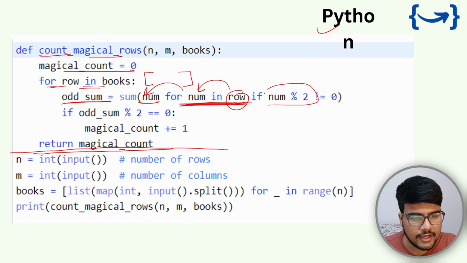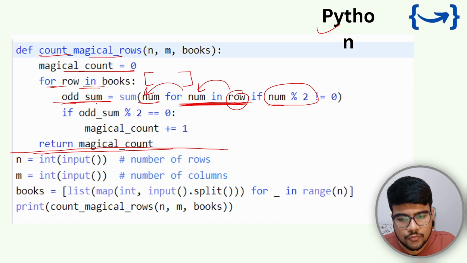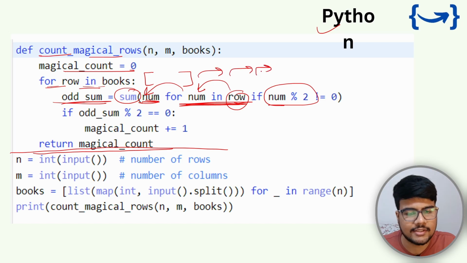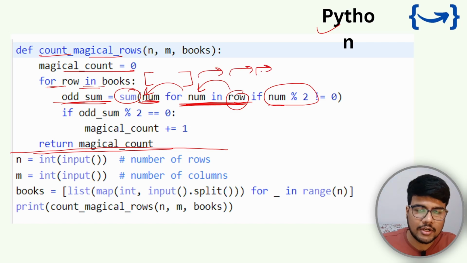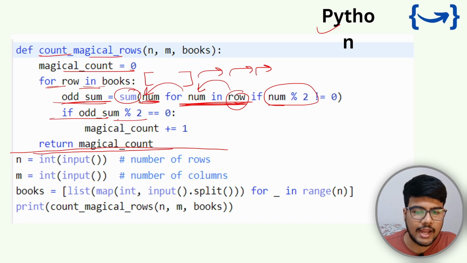And if that num modulus is not equal to 0, which is a boolean, then the odd sum would be getting a sum value, and it keeps on accumulating the sum until all values have been traversed. After traversing the whole set of values present in a row, the sum value will end up having the sum of all odd values. Now, after finding the odd sum, if odd sum modulo 2 shows it is even, please increment the magical count by 1 and return the magical count in the end.